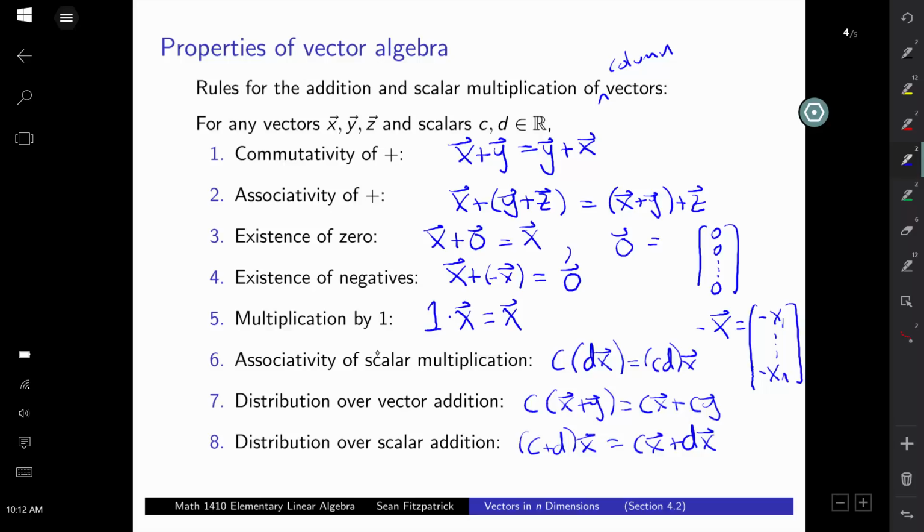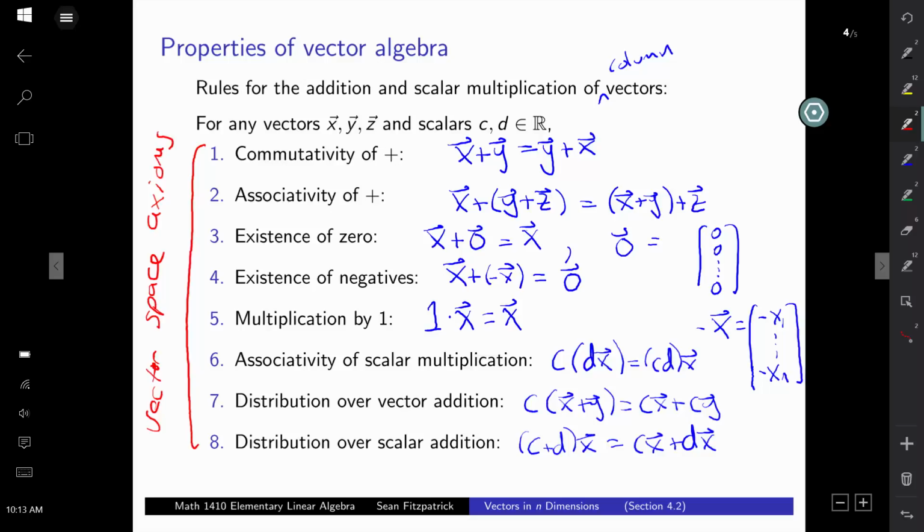These 8 properties, by the way, apply in a more general context where these vectors, maybe they're column vectors, maybe they're row vectors, maybe they're matrices. There are other scenarios where these things apply. You could deal with functions, polynomials, there's all sorts of things. These 8 rules collectively are known as the vector space axioms.